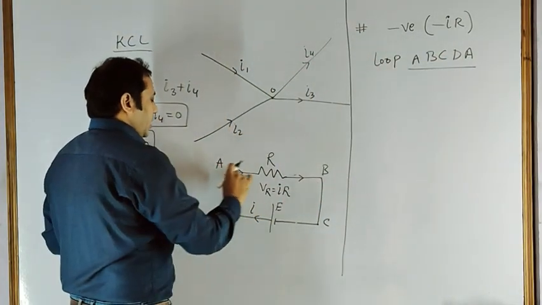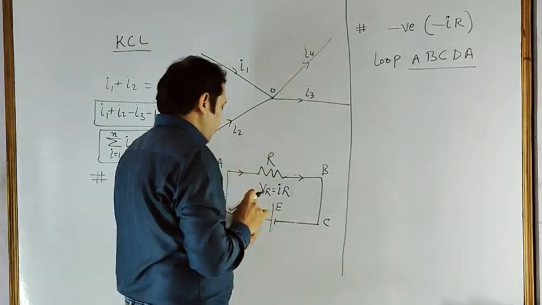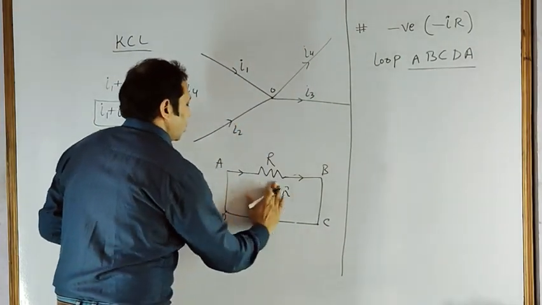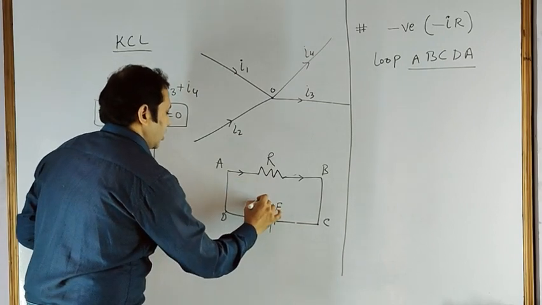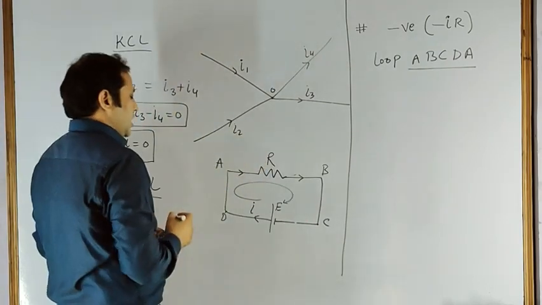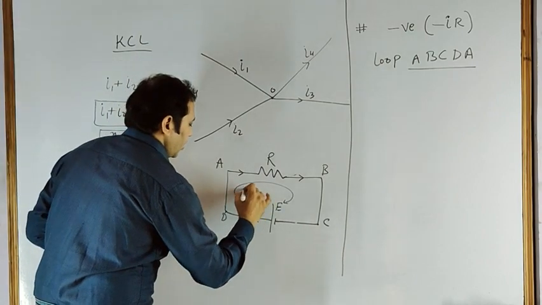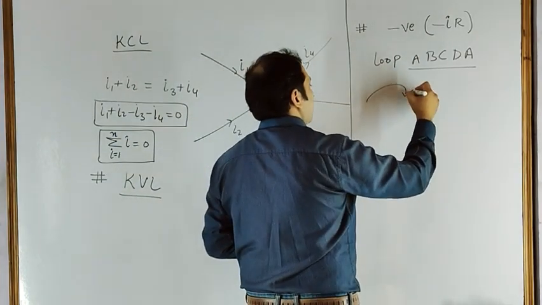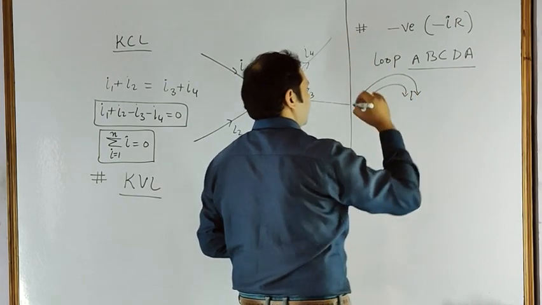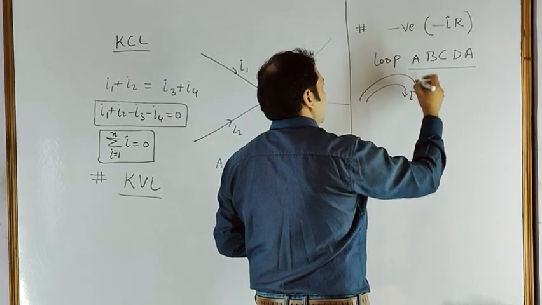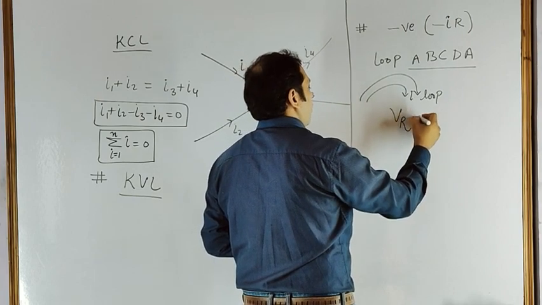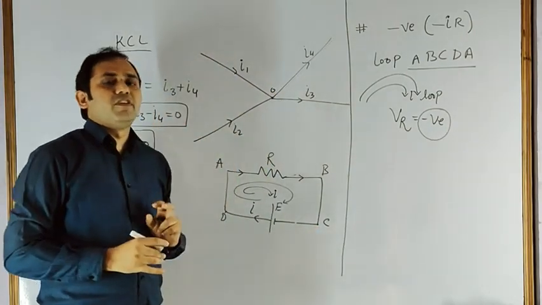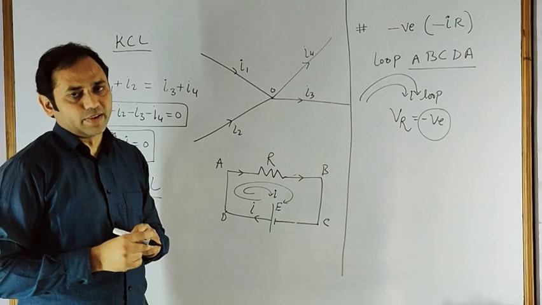The current is flowing in a closed path, and the potential drop will be considered negative if you are going along the considered loop ABCD and the direction of current is also along ABCD. If the direction of current and the direction of loop are the same, the potential drop is considered negative, else it is considered positive.